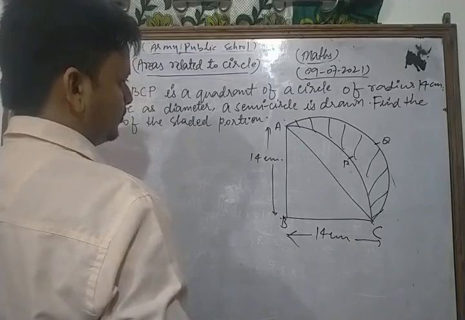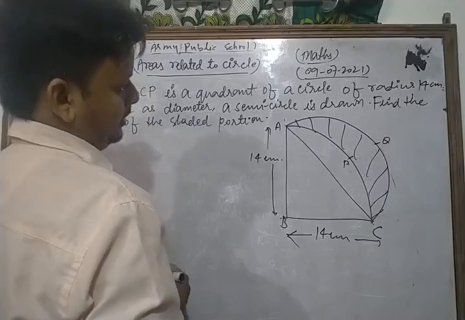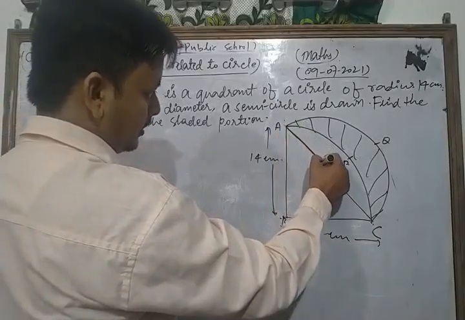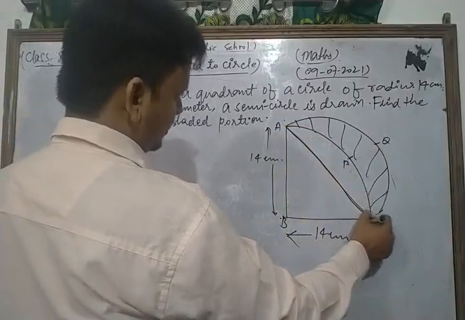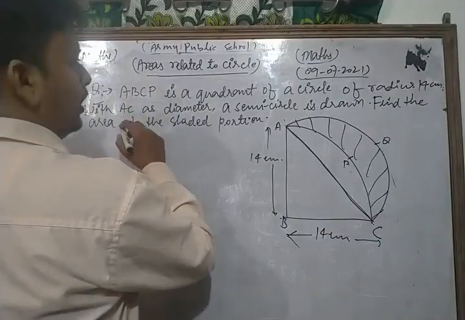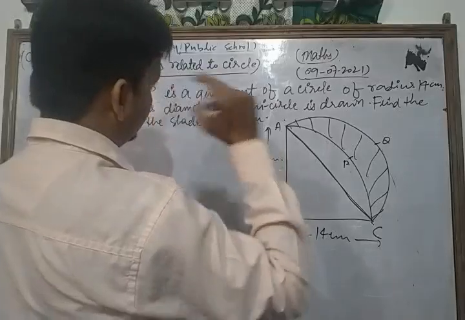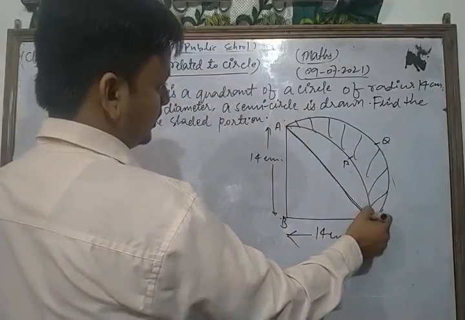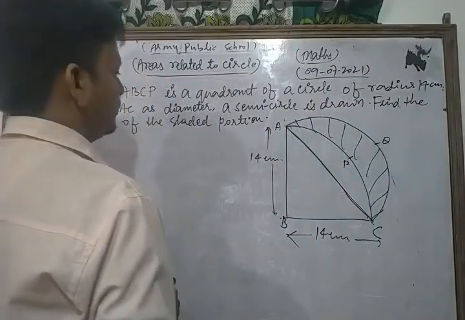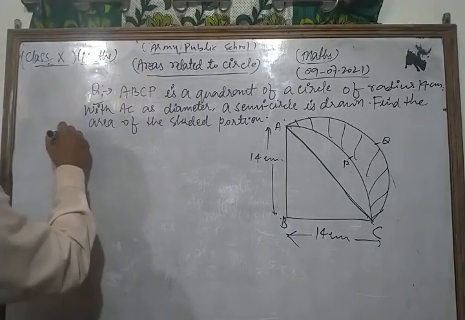With AC as diameter, meaning AC is the diameter of the required circle, a semicircle is drawn. This is your semicircle. Find the area of the shaded portion. Now let's see its solution.